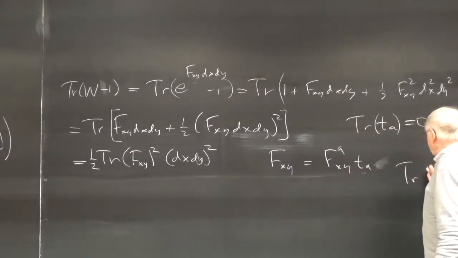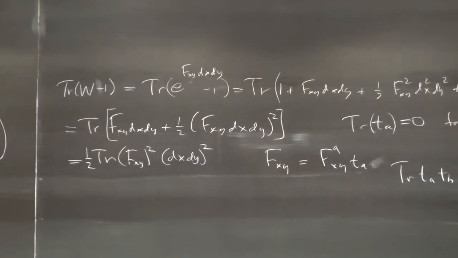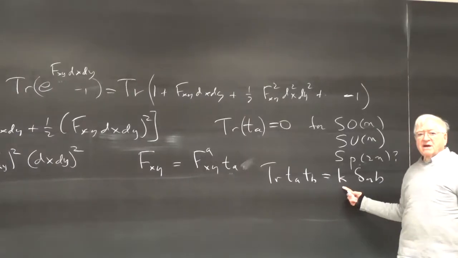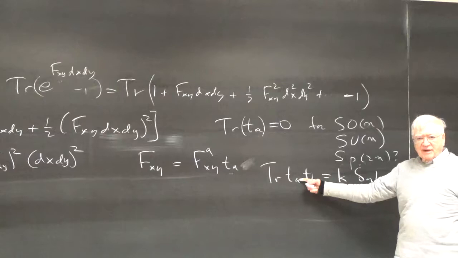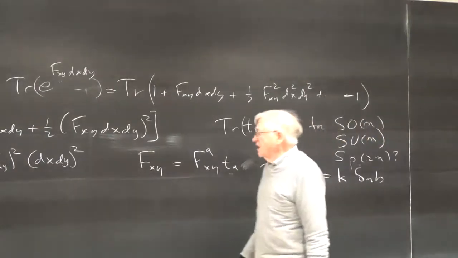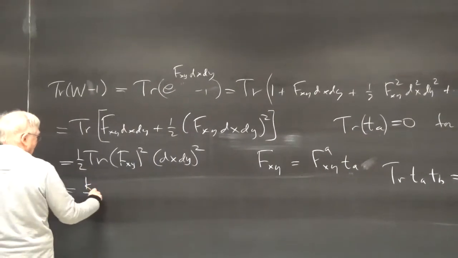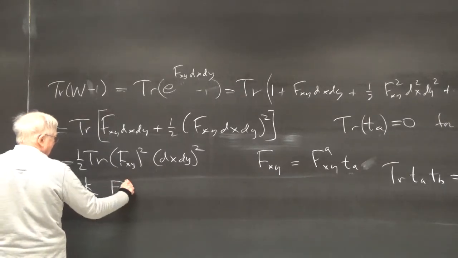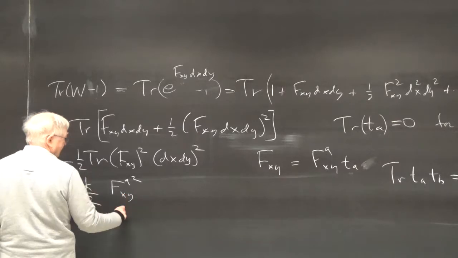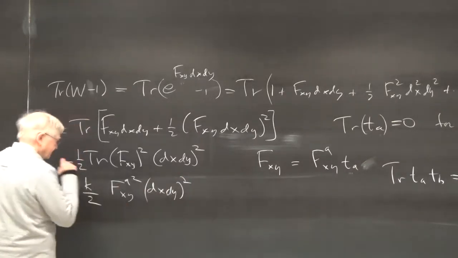And the trace of t^a t^b is k delta^ab, where k is the constant that's associated with whatever representation the t's are in, depending on the group. And so to finish this, the trace of the Wilson loop minus 1 is 1/2, it will be k over 2 F^a squared xy dx dy squared.